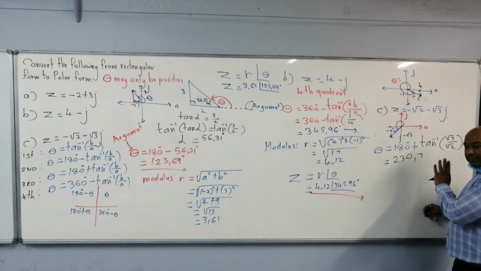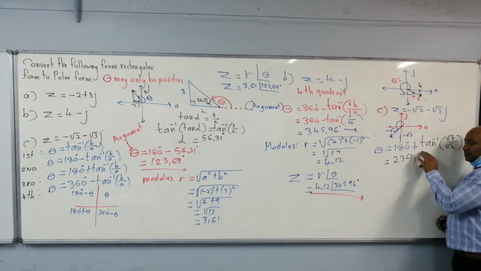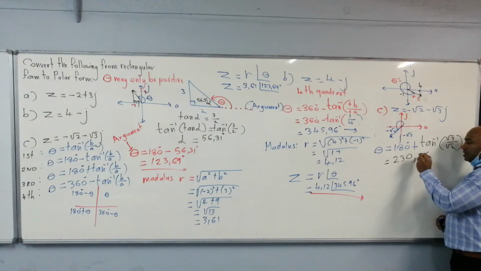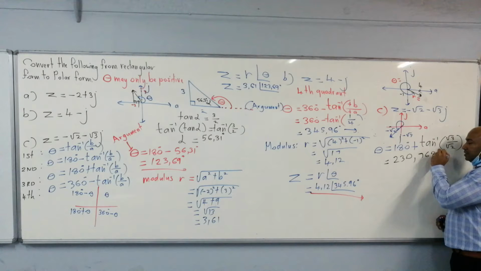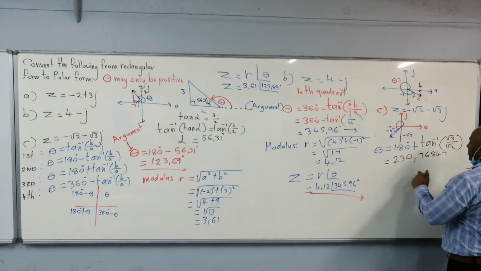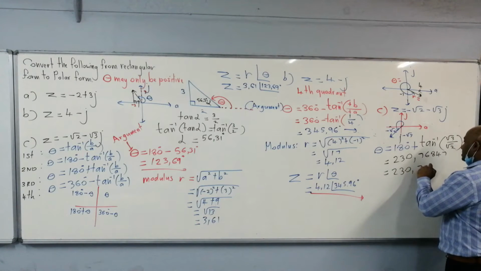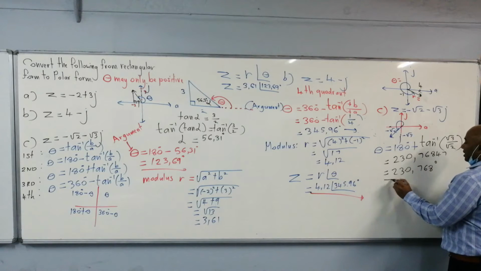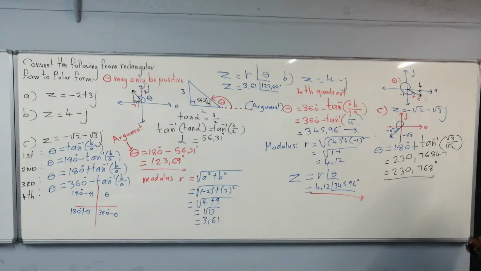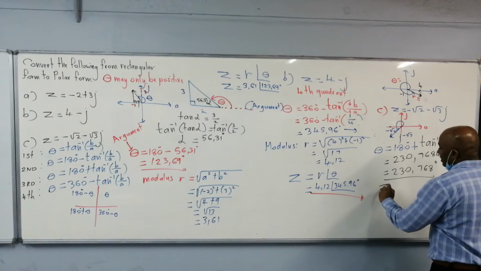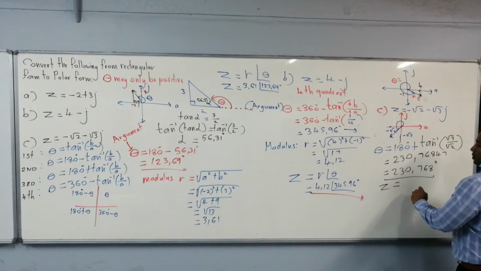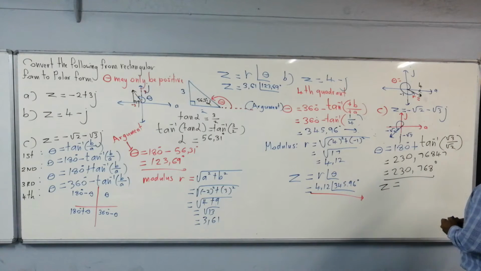Read out 5 decimal places for me then. 76847. Okay, next time: 1, 2, 3, 4, 5. So therefore this is 230,768 degrees. So therefore Z is equal to, oh, I forgot to find R here.